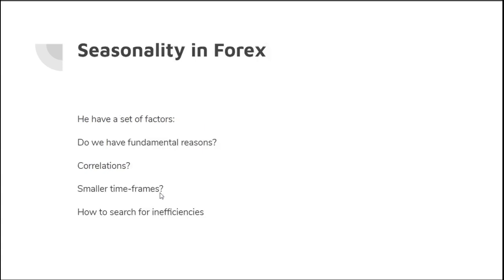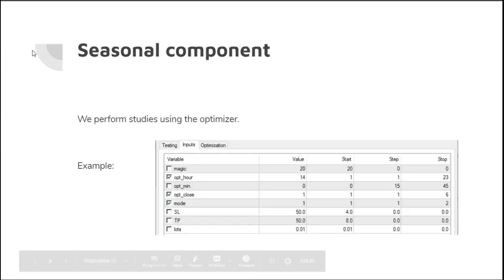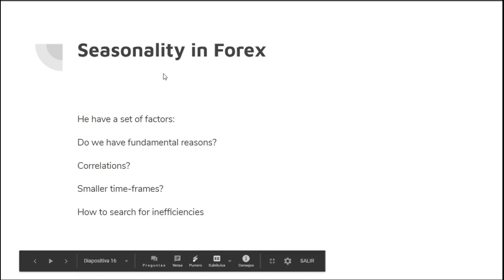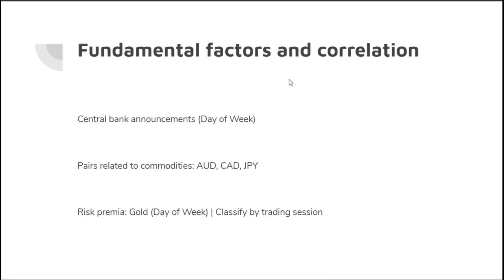So, seasonality in Forex, we have a set of factors here. Do we have fundamental reasons? What are the correlations? What time frame should I select? And how to search for inefficiencies. By the way, how to search for inefficiencies is also stated here, but in this case we are going to see some concrete examples. So, fundamental factors and correlations.